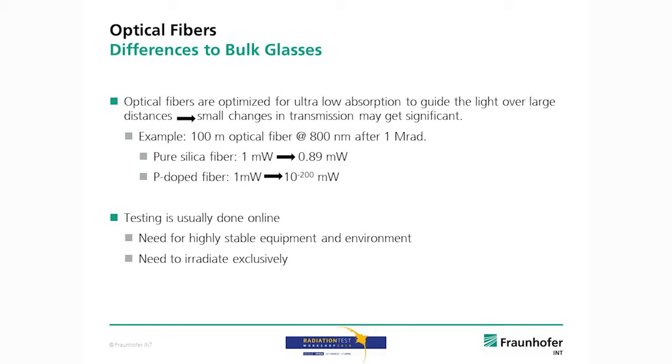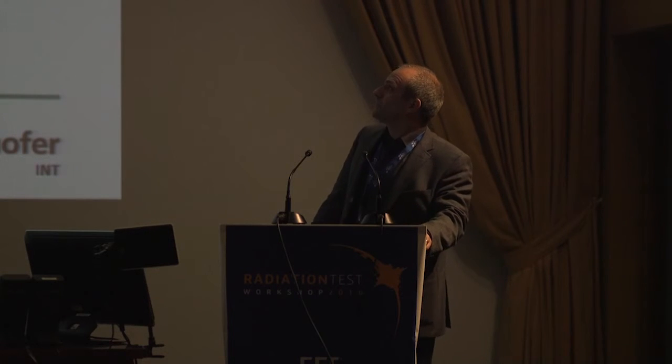Okay, optical fibers. What are the differences to bulk glasses? Optical fibers are optimized for very, very low absorption to guide the light over very large distances, like kilometers, tens of kilometers, hundreds of kilometers. So small changes in the transmission may get significant. An example is a 100 meter optical fiber at 800 nanometers after 1 megarad.